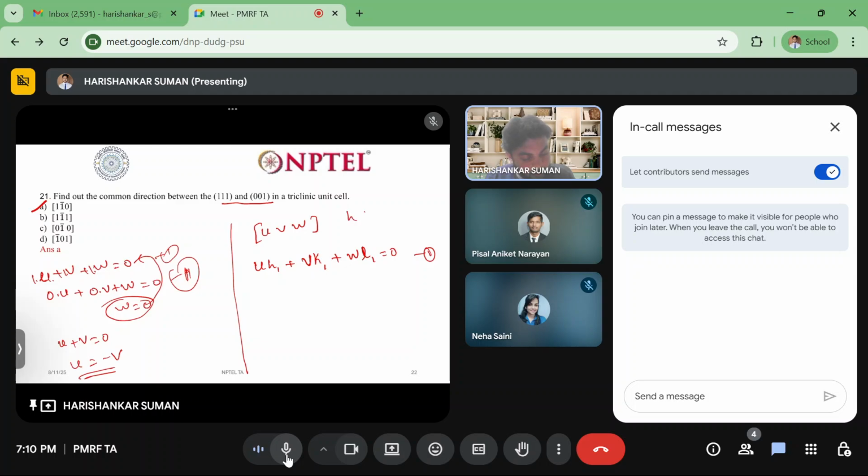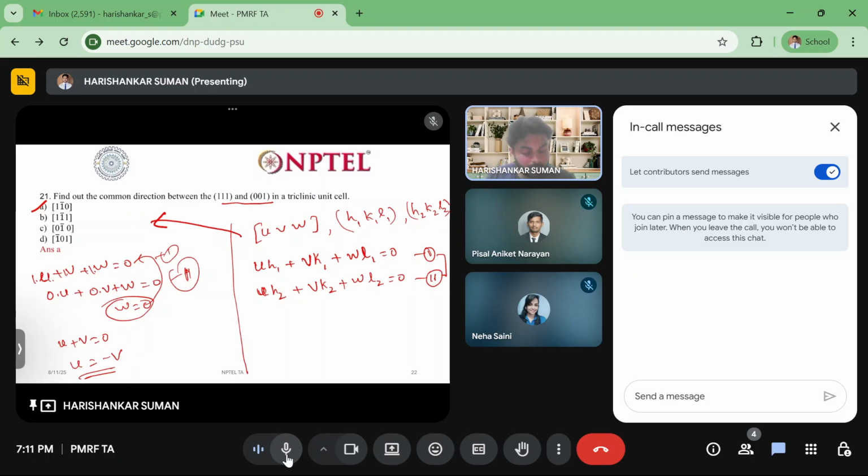If H1K1L1 and H2K2L2 are given, then the second equation will be this. Okay, please put the values in this equation, then you will be able to solve this type of question.